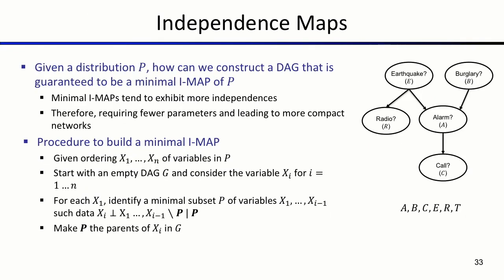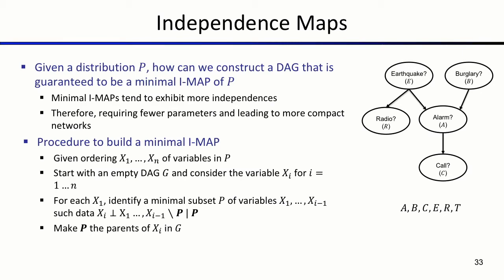So if the perfect maps do not always exist, they will depend on the independence assumptions that we have in the probability distribution. Maybe the best that we can stick with are the minimal IMAPs, because the minimal IMAPs always exist, and in some sense they are optimal because we cannot remove any edges.